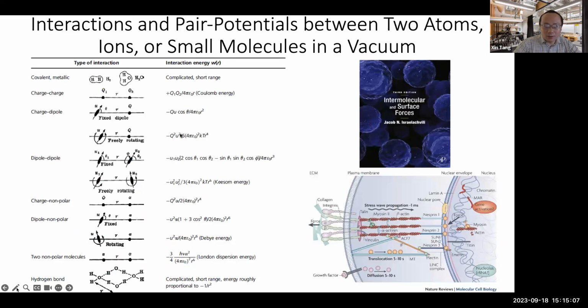The physicists have already studied the bond properties between the elements. So here is a table to summarize the interactions and the pair potential, meaning the interacting energies between two common atoms, two common ions, or two common small molecules in the vacuum. Okay, this is non-living. So this is purely what physicists studied.